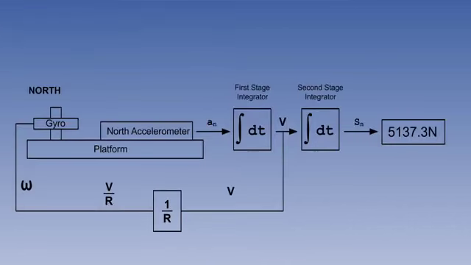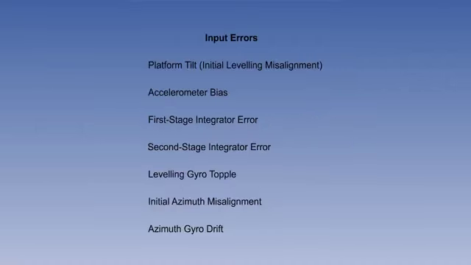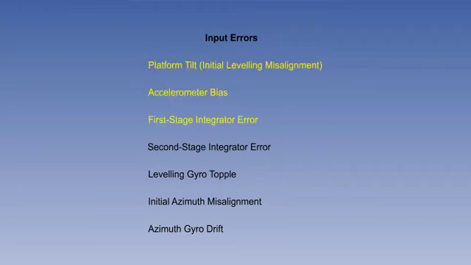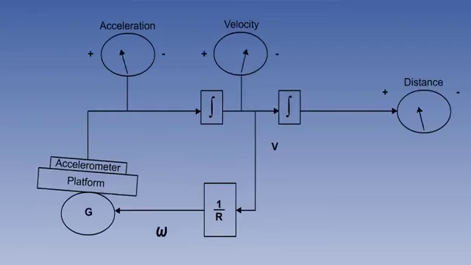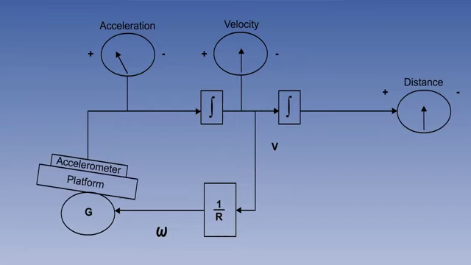Let's summarise this lesson. We reminded ourselves of the basic data flow diagram. Then we identified the sources of error. We looked at sources of error within the V over R loop. And we saw why Schuler oscillations happen.